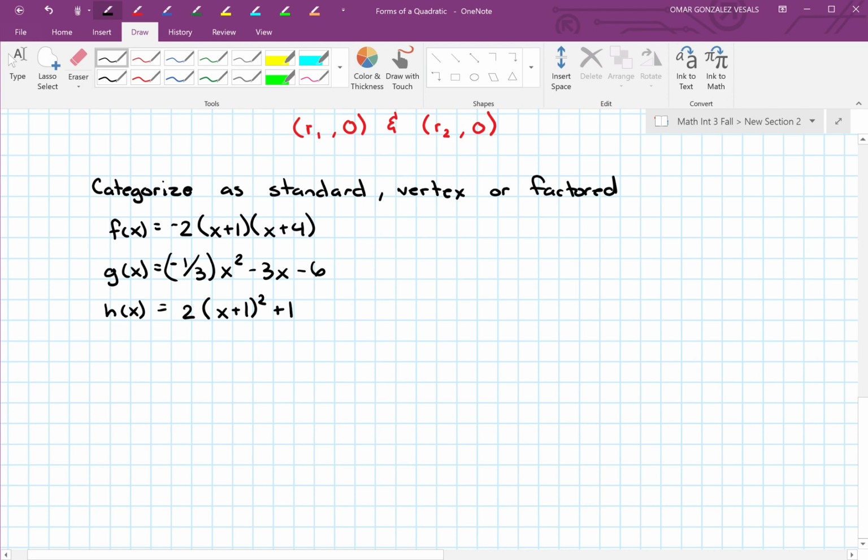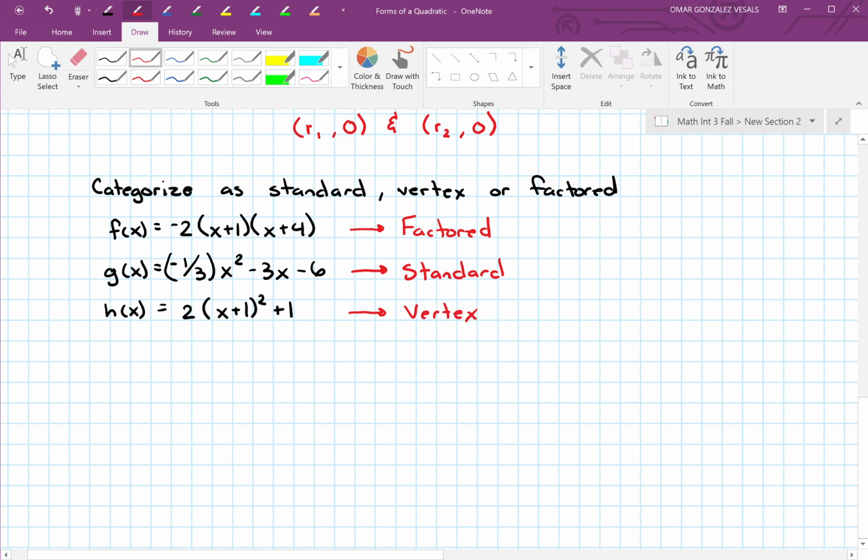What's the first one, guys? First one would be what? That would be factored. What about the next one? That would be standard. And what about the last one? That would be vertex.